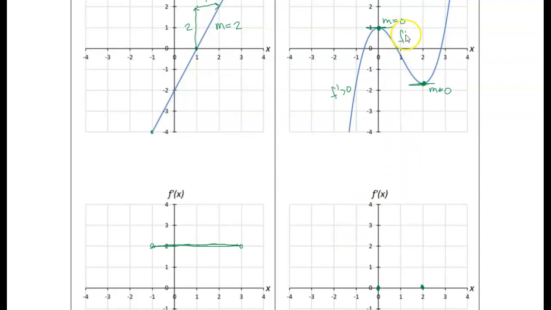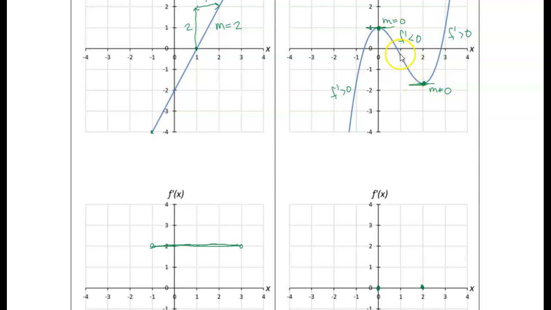In here, between 1 and 2, it looks like the slope is negative, right? So it's less than 0 between 1 and 2. So when I graph the slope, it's negative, which means it's below the x-axis, all right? And then again, it's positive out here. So the slope is positive, and it's going to be above the x-axis again.